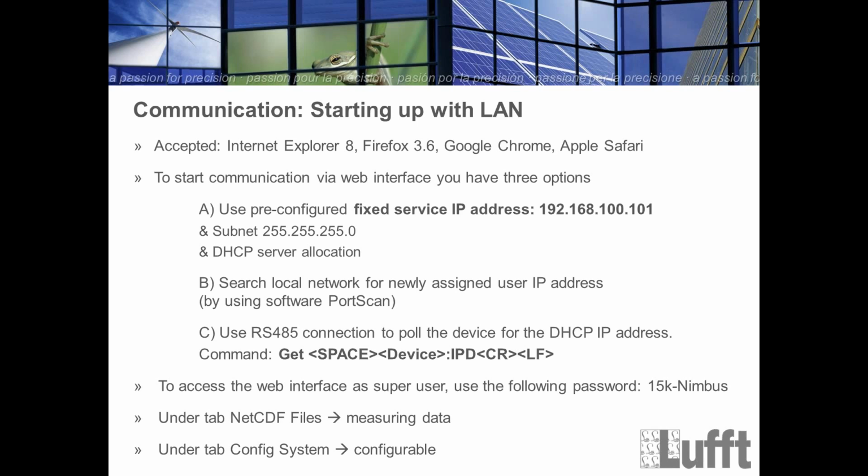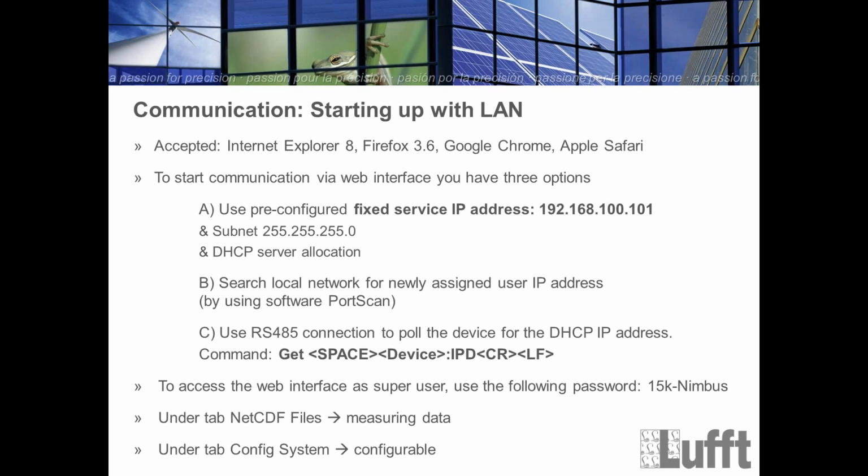So you connect your laptop to the instrument, and you can work with this address. If you are in a DHCP network and you connect the instrument in the DHCP network, an address will automatically be assigned to the instrument. And if you want to find out this address, you can do it via the RS485 by entering the correct command. It's one idea. If you do not have the RS485 connected, you must find out the IP address, for example, by a port scanner. This can be easily done.